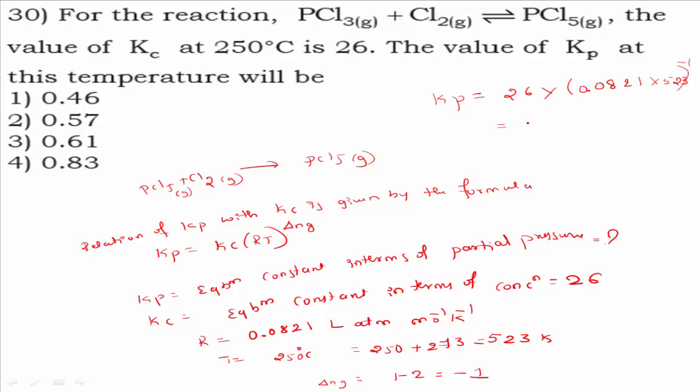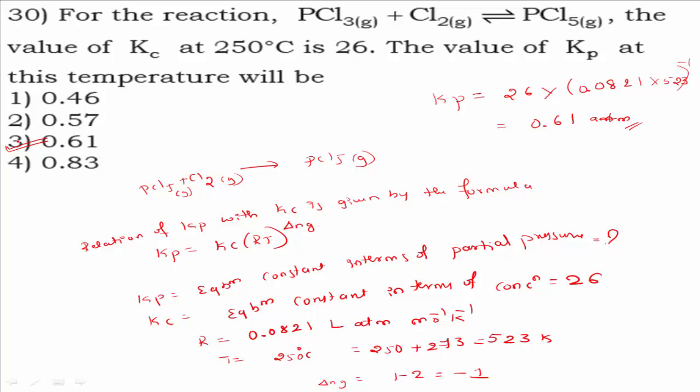If you calculate it, you get the answer 0.61 atmosphere. Yes, this is the answer. Therefore, the correct answer for this question is option 3, 0.61.